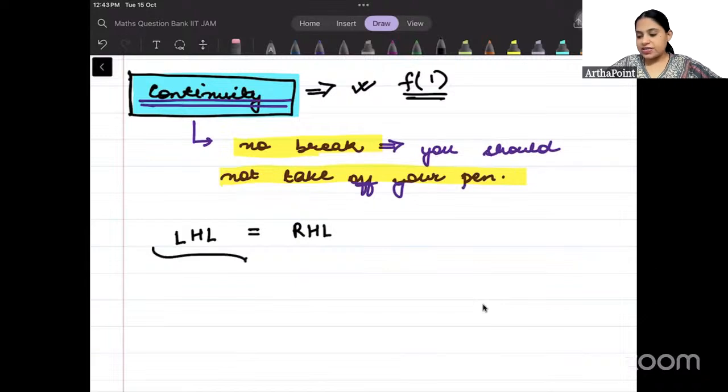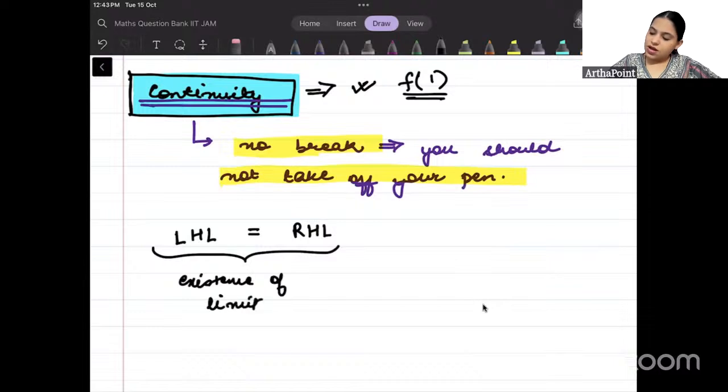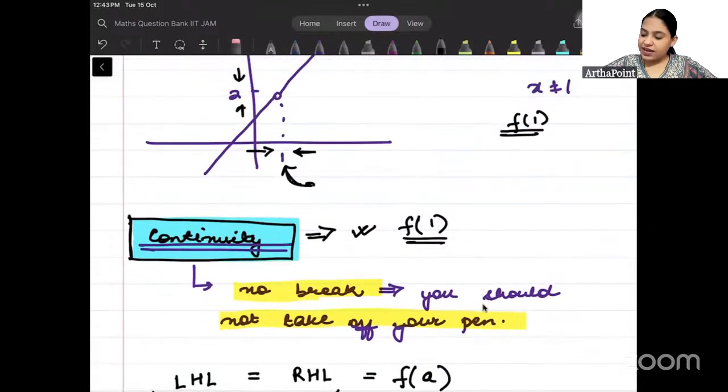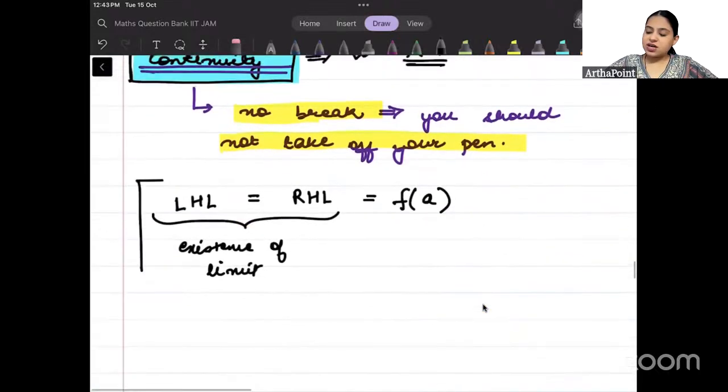This much part is the existence of limit. But they should also be equal to the value of the function at that point, right? So I want that at x equal to 1, my function should give me the value 2. If that happens, only then my function will be called a continuous function.